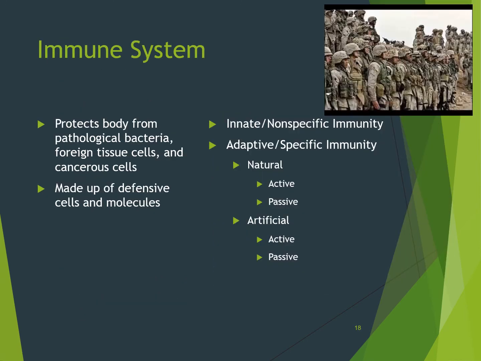So our skin is our first line of defense. We've talked about that before in previous lectures, and now we're going to learn that our immune system is the next layer of defense for our body. It's really like all of these little armies in our bodies ready to go to battle to protect us against invaders. The white blood cells do most of the heavy lifting of our immune system.